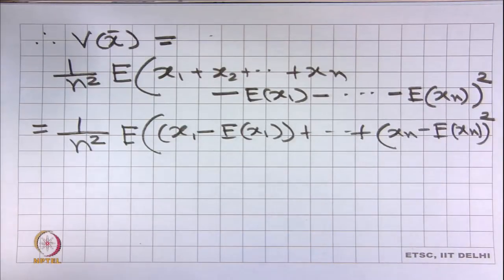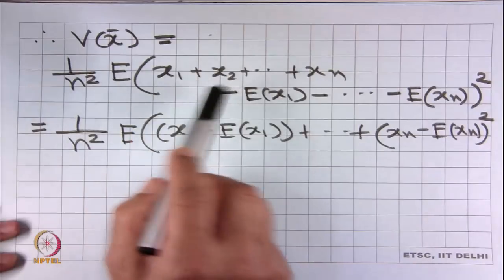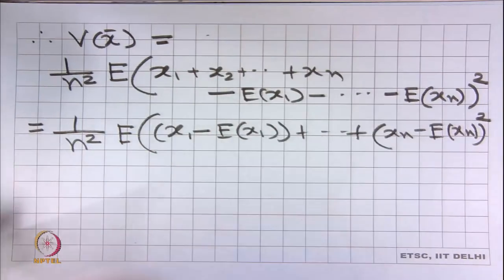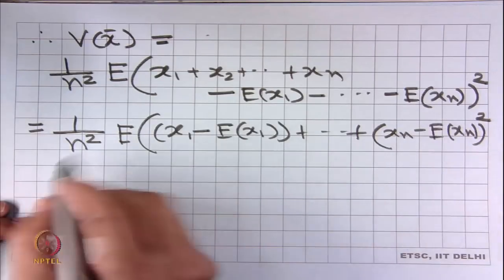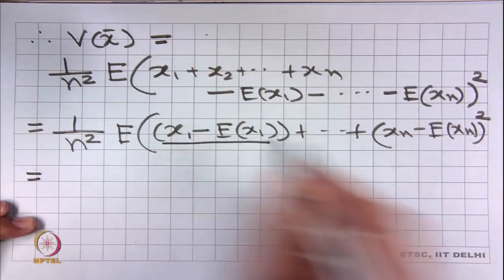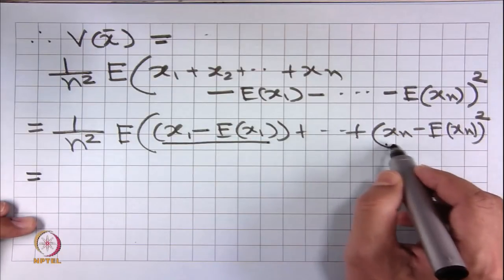So what we have done is combine x i and expected value of x i together. This is the square of n terms.